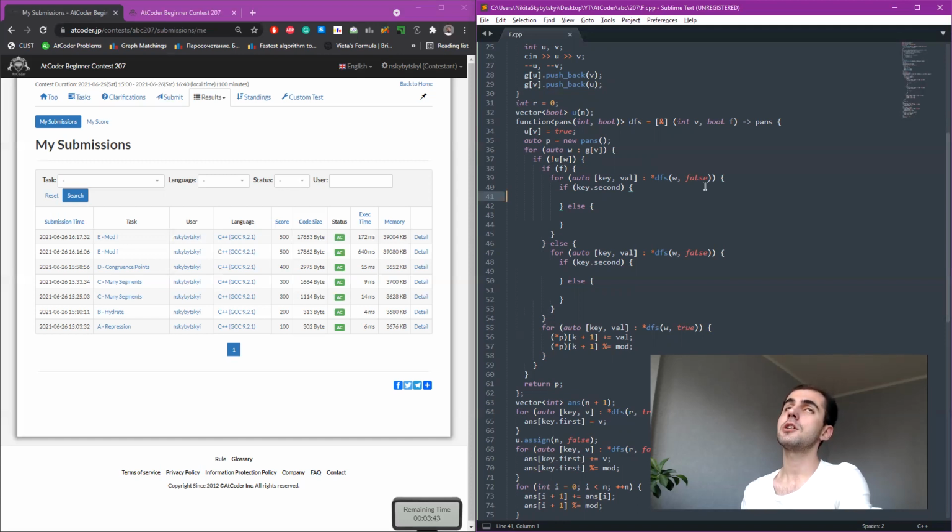For every child, you get the same array for its children, and you just increment every key by every key of the children and increment by the value of the children. Not increment, multiply, I think. Yeah, multiply.